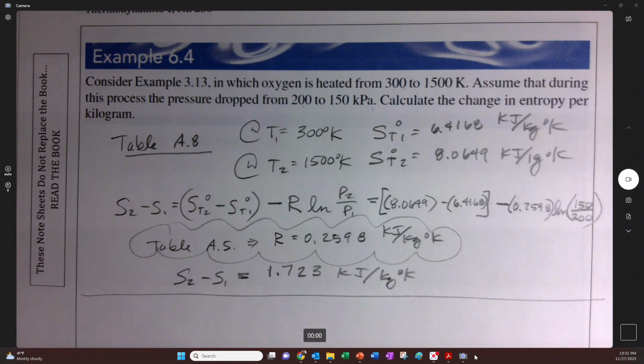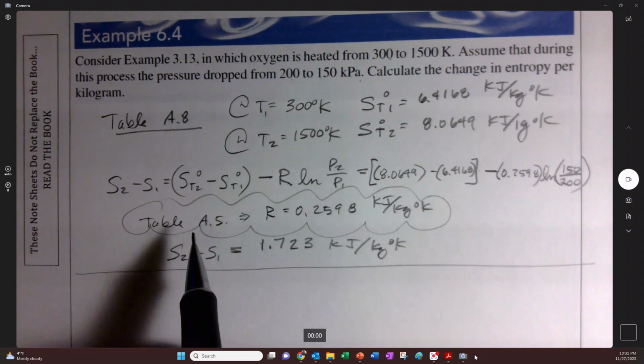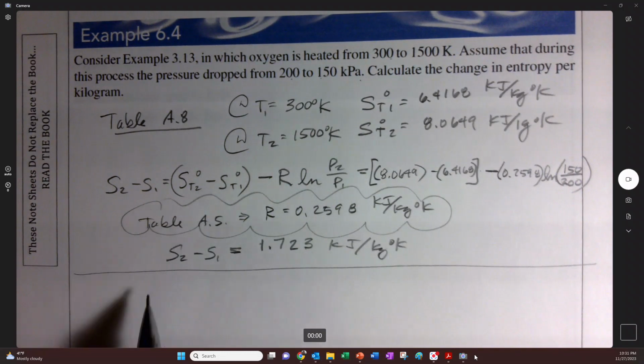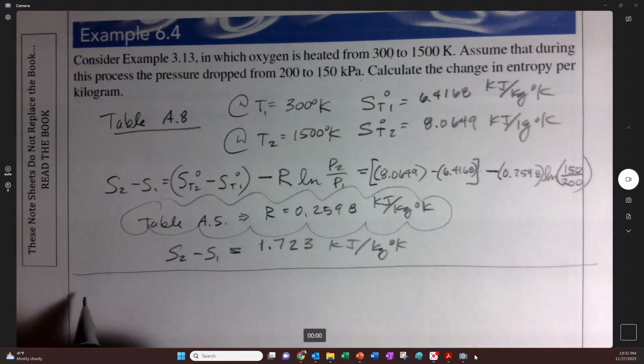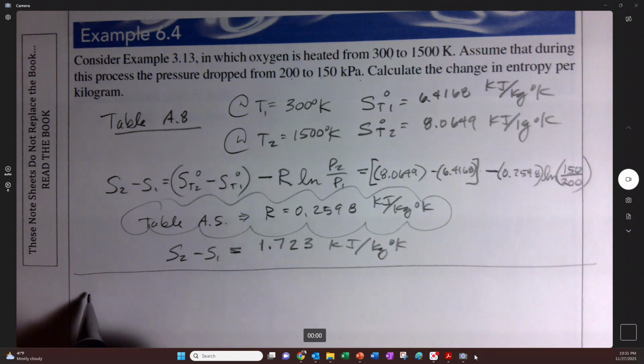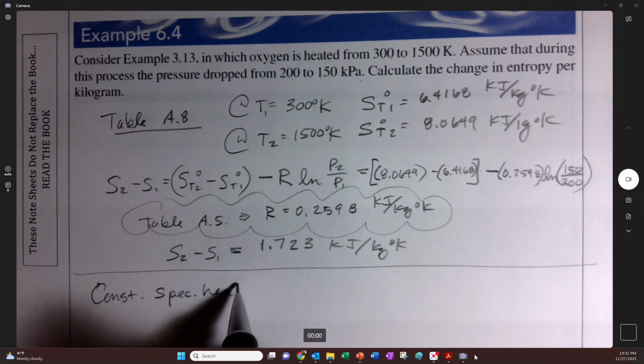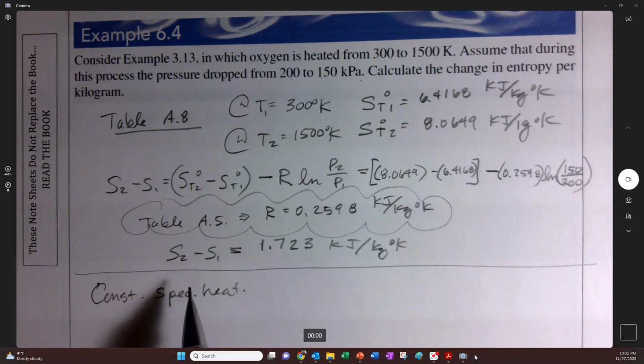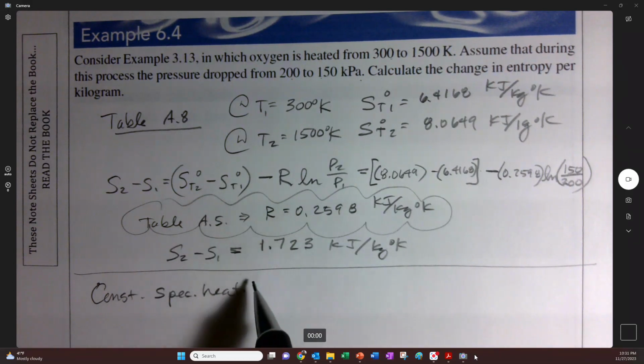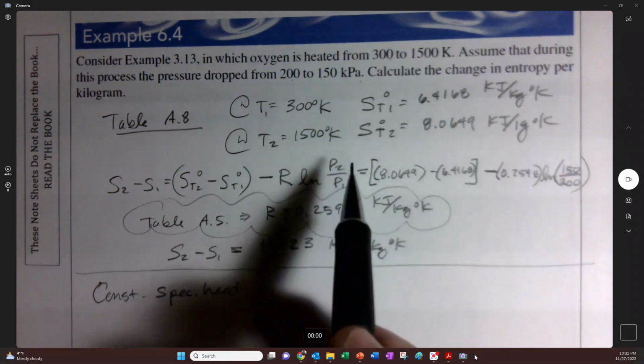So this is the method we're saying we're going to use, the standard entropy. This next method, we'll use the easiest one, with constant specific heat. We were just looking at this, so we could have written it down.